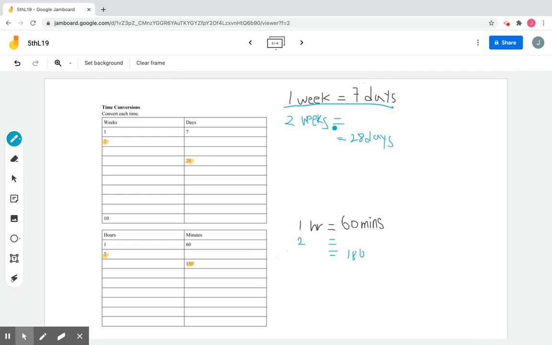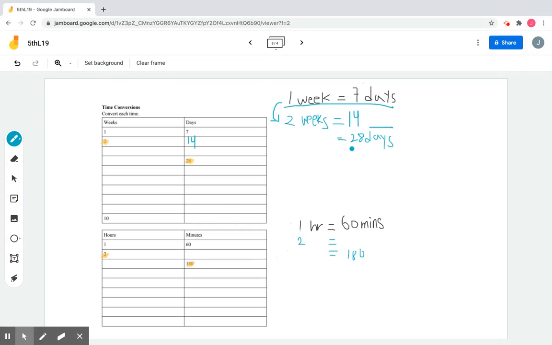Then 2 weeks should be the same as 7 days times 2, right? Because 2 weeks is the same as 1 week times 2. So the days should be 7 times 2. And 7 times 2 is 14. So it will be 14 days.